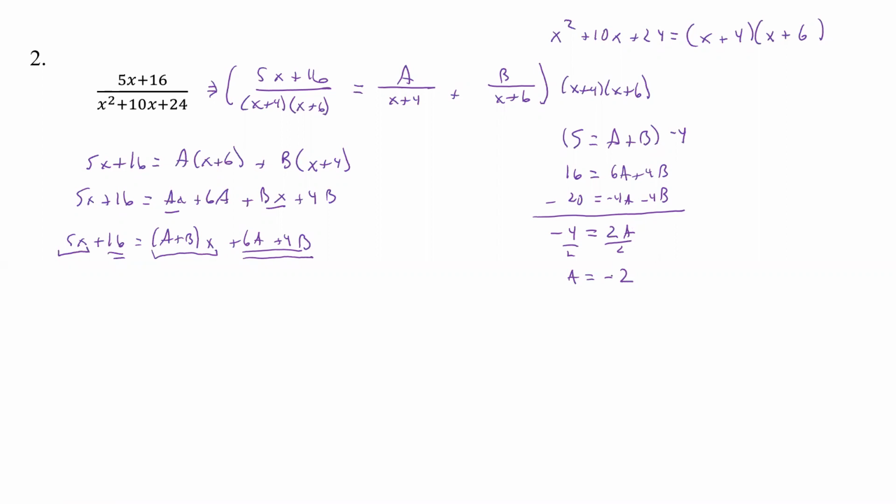All right, well, what does that give me for B? If I plug that back in here, 5 equals negative 2 plus B. I add 2 to both sides, so B is equal to 7.